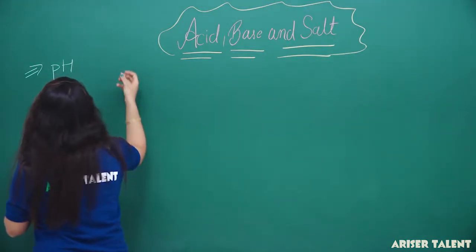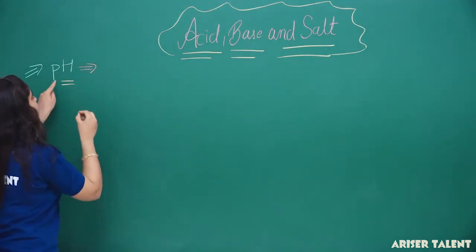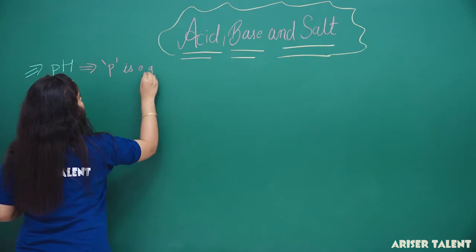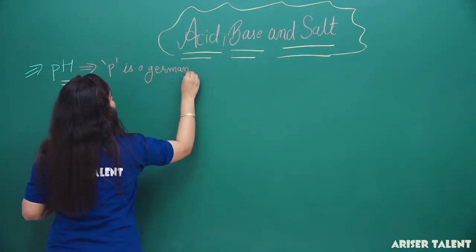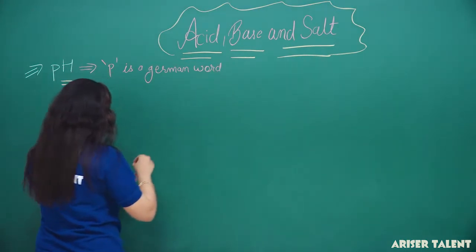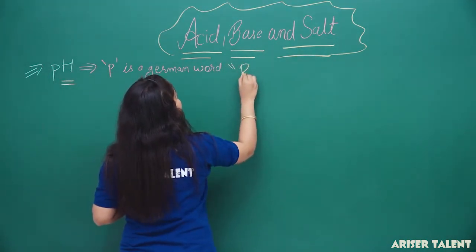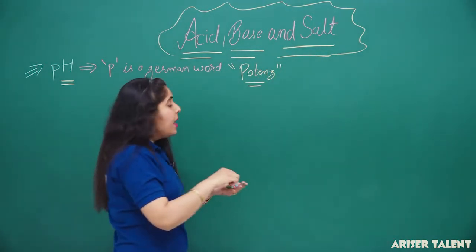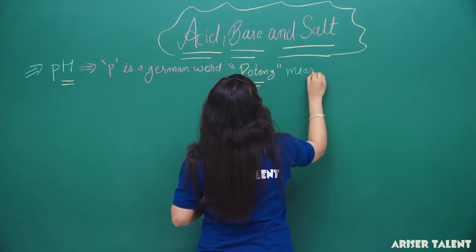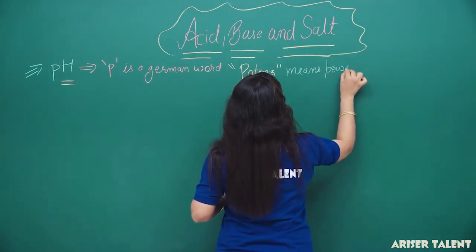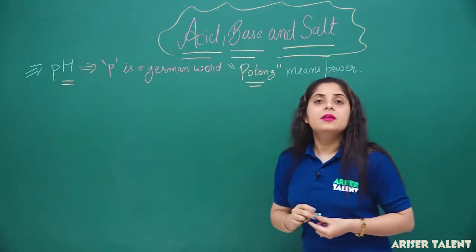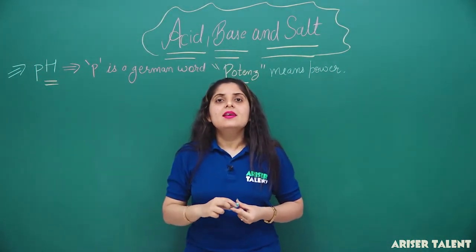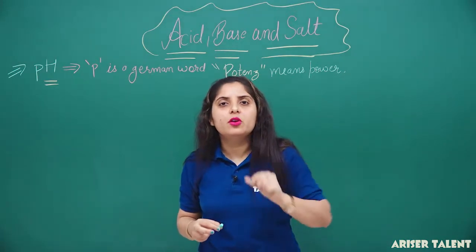So P is the German word potens, which means power. It means calculating the power of H, meaning hydrogen ions. We can say that we are calculating the pH of a particular solution.